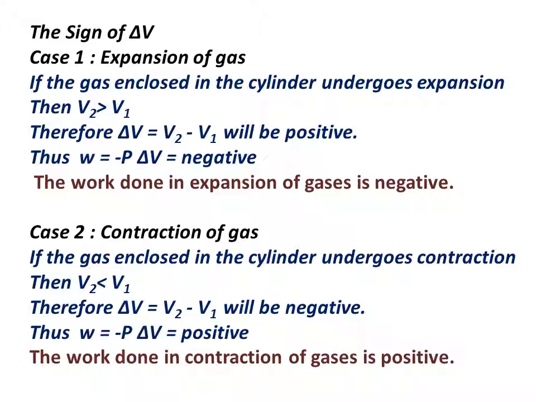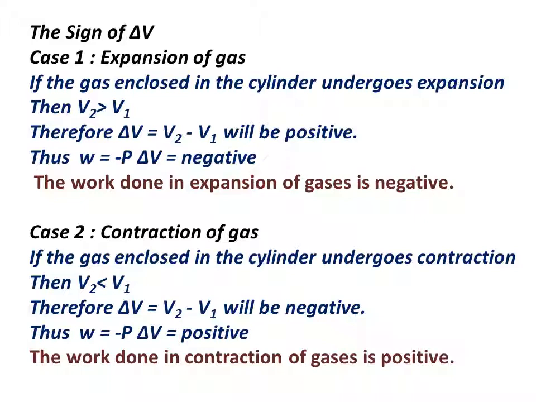So let us consider the case of expansion of gas. If the gas enclosed in the cylinder undergoes expansion, what will happen? The initial volume will always be lesser than the final volume, because the gas is expanding. So delta V, the change in volume, V2 minus V1, that is final volume minus initial volume, will always be positive.